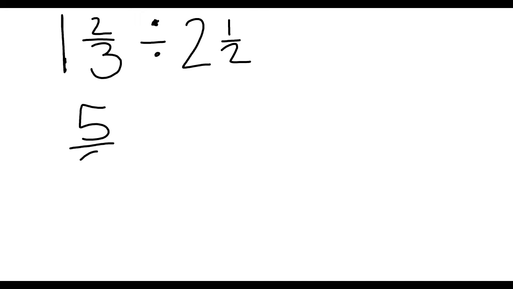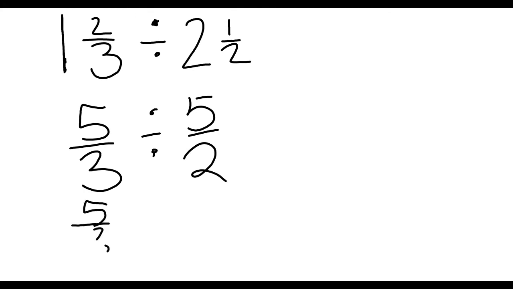So we're going to have 5/3. And we're going to keep it as division for just right now. And 2 times 2 is 4, plus 1 is 5/2. Then I'm going to keep the first number, change from division into multiplication, and I'm going to flip the second number.